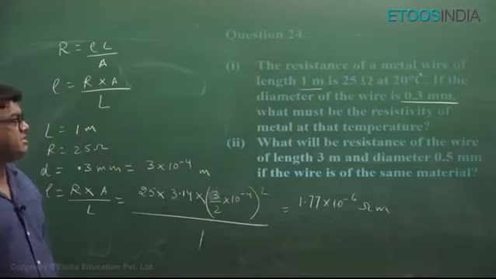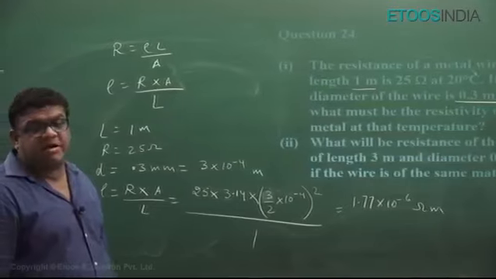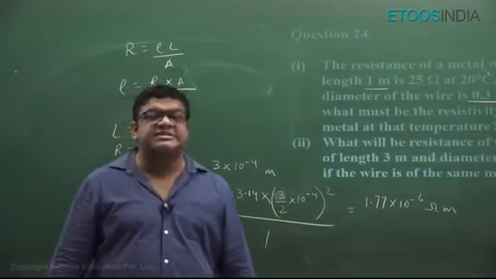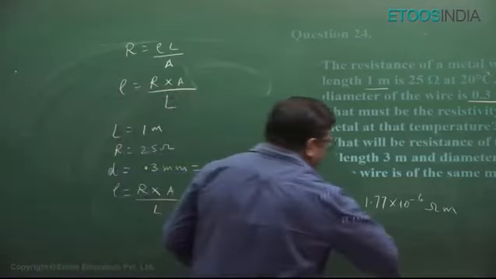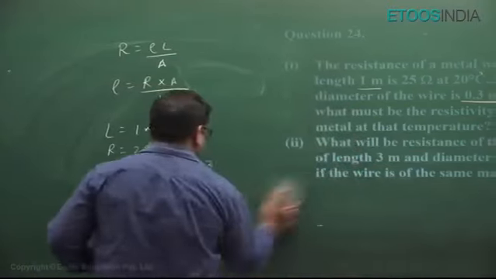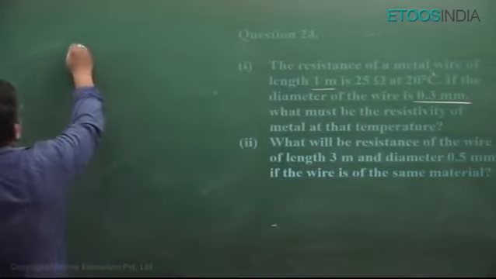What will be the resistance of the wire of length 3 meters and diameter 0.5 millimeter if the wire is of the same material? Now since resistivity is the same, we can solve it in a different way. See, part 2.